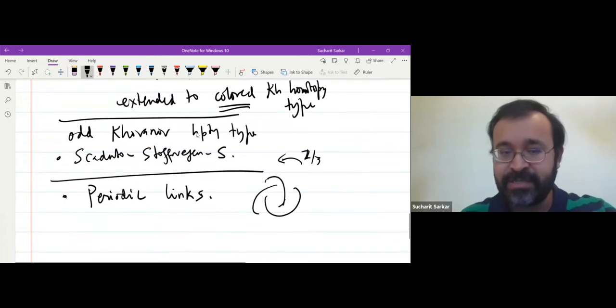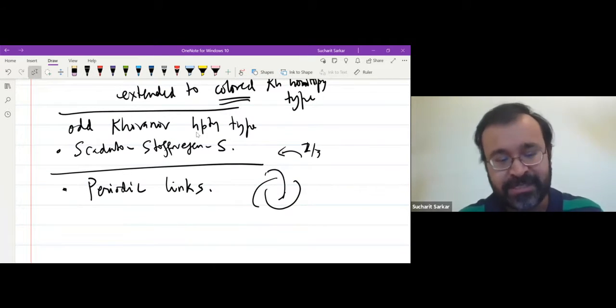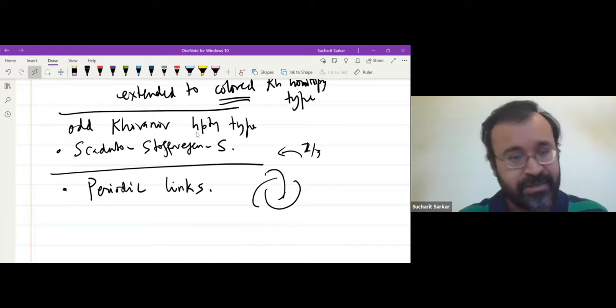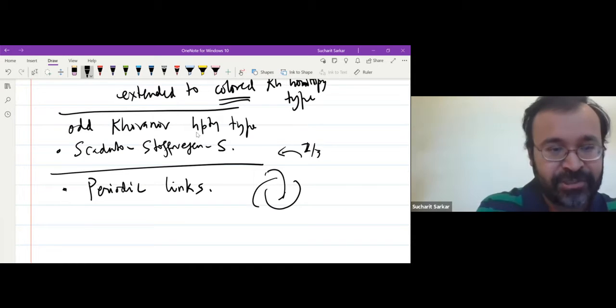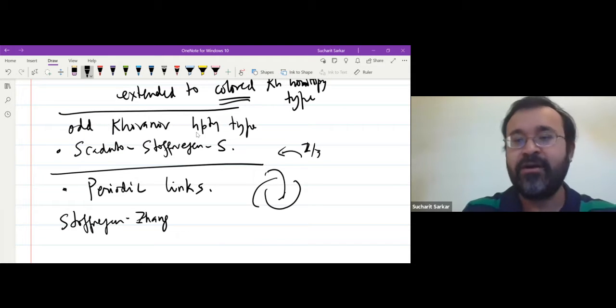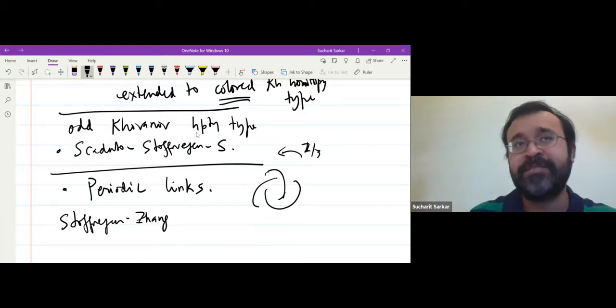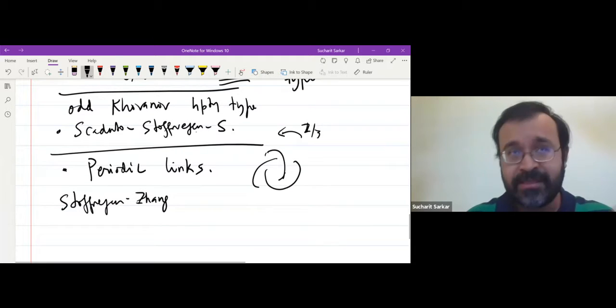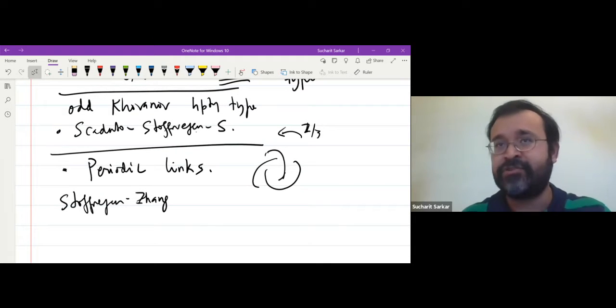From the construction, it's not immediate that you can get a group action, but that's precisely what Stoffregen and Zhang did. They constructed a group action on Khovanov homotopy type, and this gives you a lot of information, even at the level of the Jones polynomial.